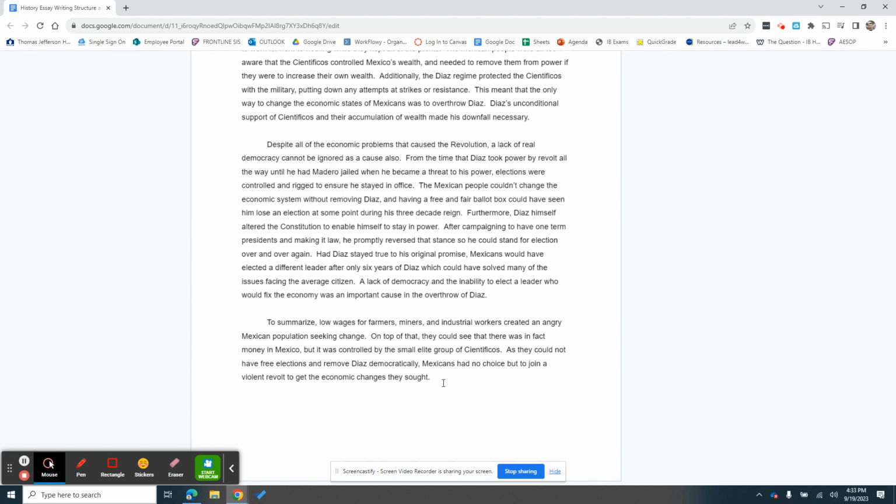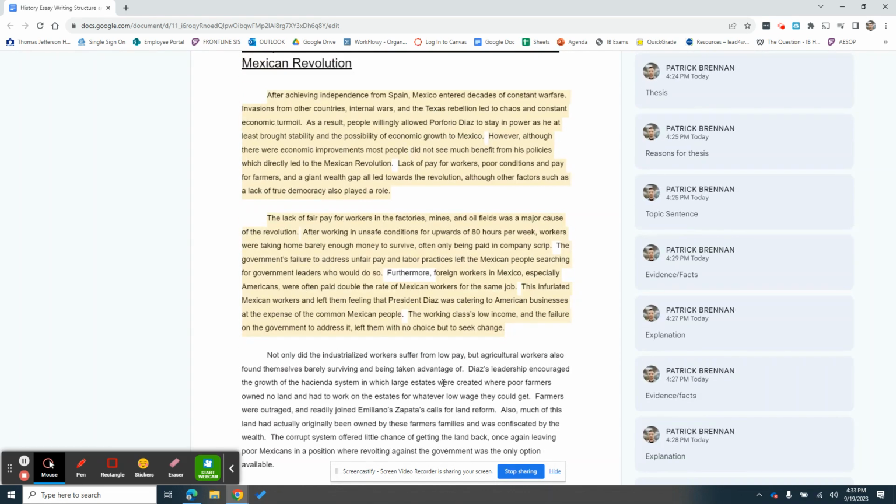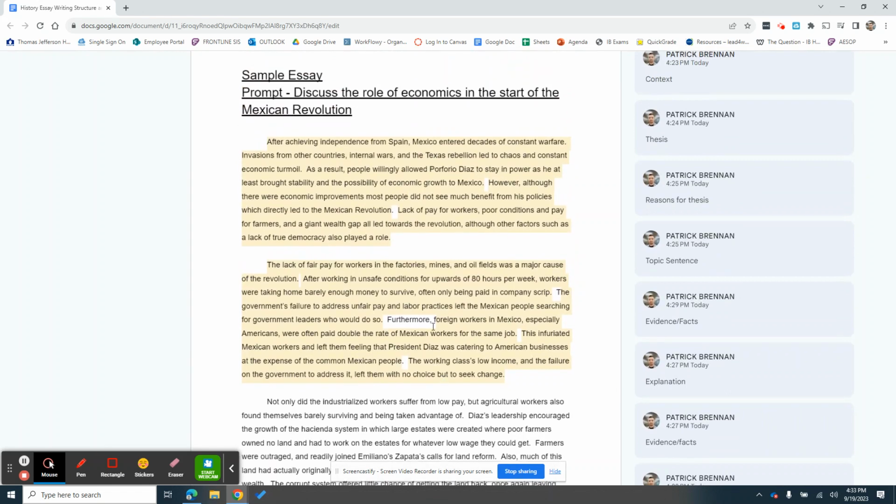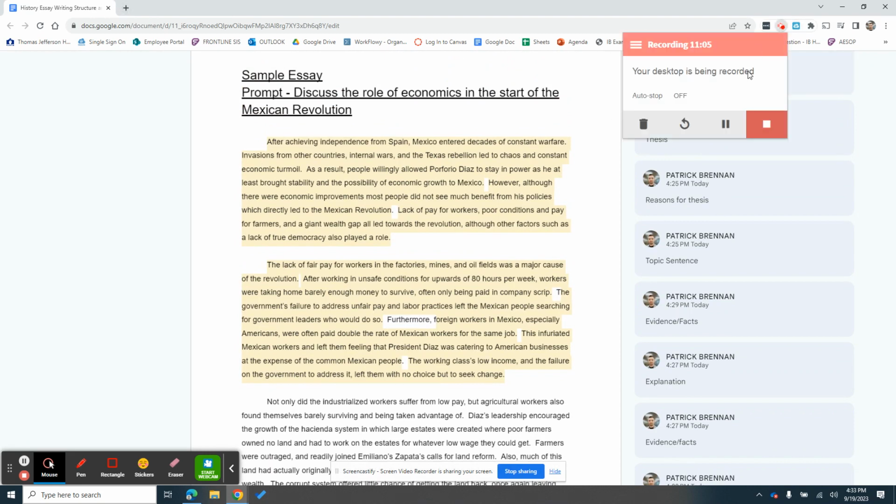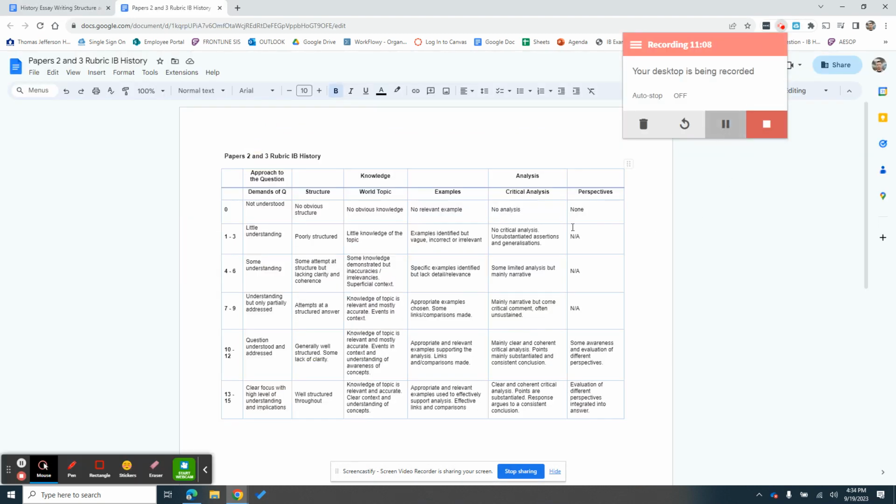And so if we look at the rubric, it's going to score very well on that. So let's pull that up here really quickly. Reminder, this is how the rubric is laid out. So approach to the question: is the question understood? In this case, this would be clear focus with a high level of understanding and implications.